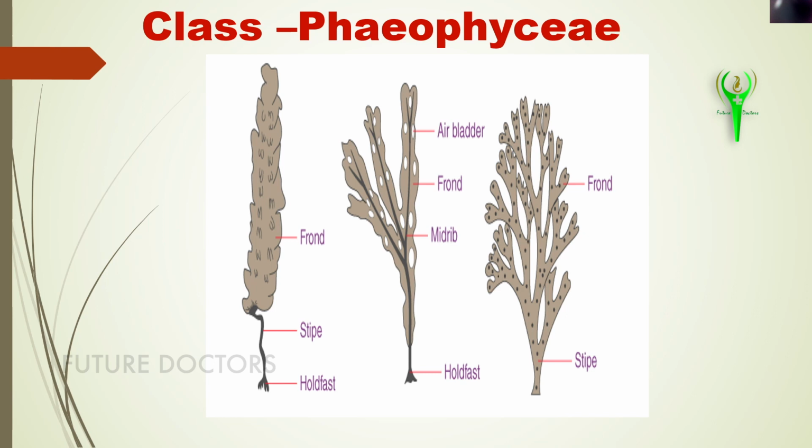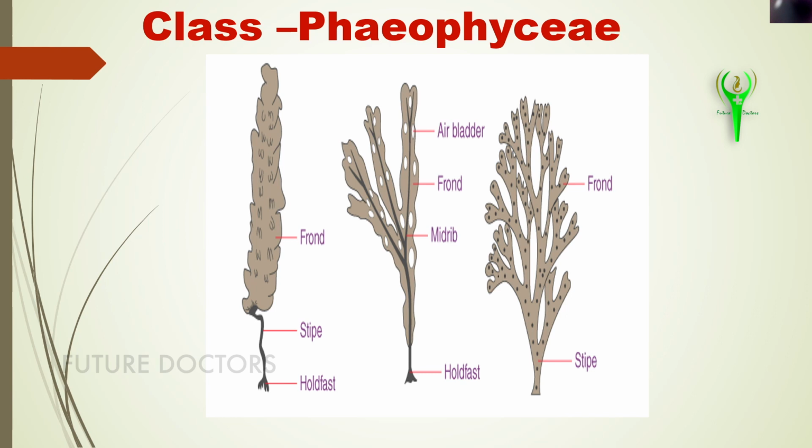The parenchymatous structure is found in the highest forms. The large forms are often differentiated into a holdfast, a stalk called the stipe, and lamina, which is photosynthetic and helps in conduction of food material.